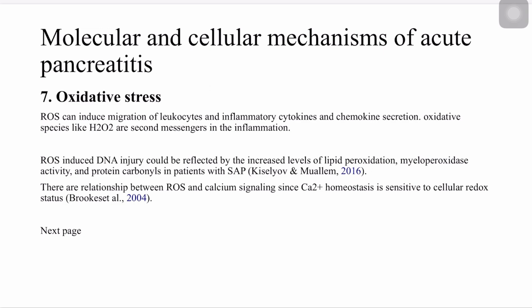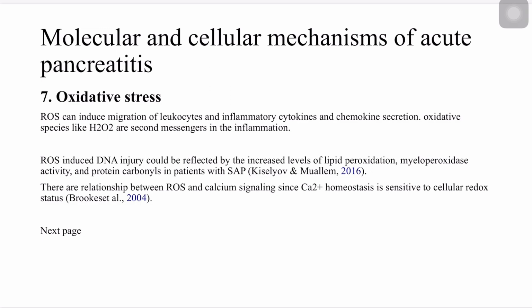The other mechanism of acute pancreatitis, which I can speak about, is oxidative stress. ROS can induce migration of the leukocyte into inflammatory cytokine. It can increase inflammation and the chemokine secretion. And oxidative species, like hydrogen peroxide, are second messengers in the inflammation.